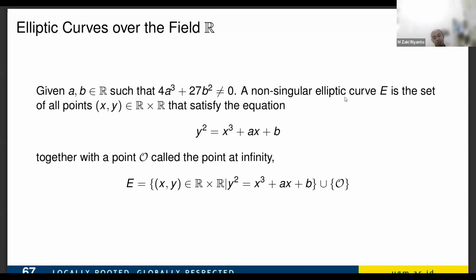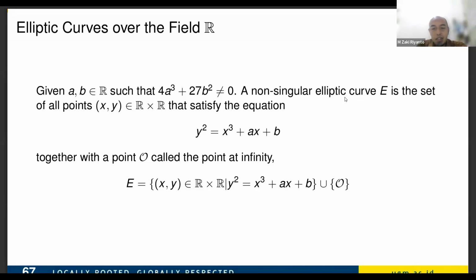Let a and b be real numbers such that 4a cubed plus 27b squared is not equal to 0. We call it the discriminant. Then a non-singular elliptic curve E is the set of all points (x, y) such that the equation y squared equals x cubed plus ax plus b holds, together with a point O that is called the point at infinity.